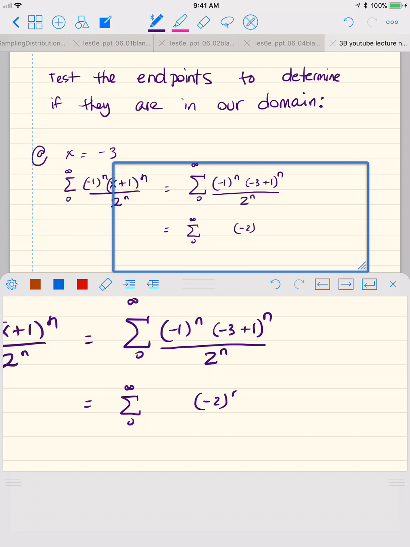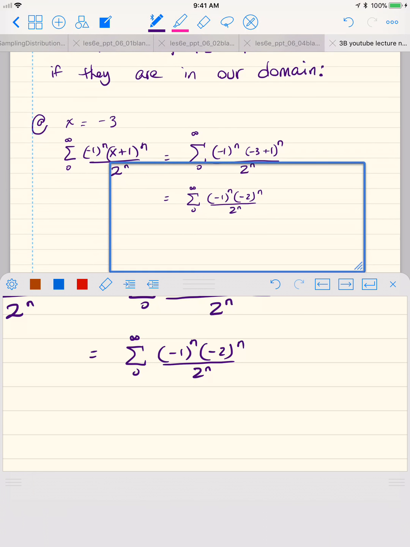So we'll have -2 to the n, -1 to the n, divided by 2 to the n. And we can cancel some things out here. This -2 to the n and -1 to the n can be combined, right? Because we've got the same base.